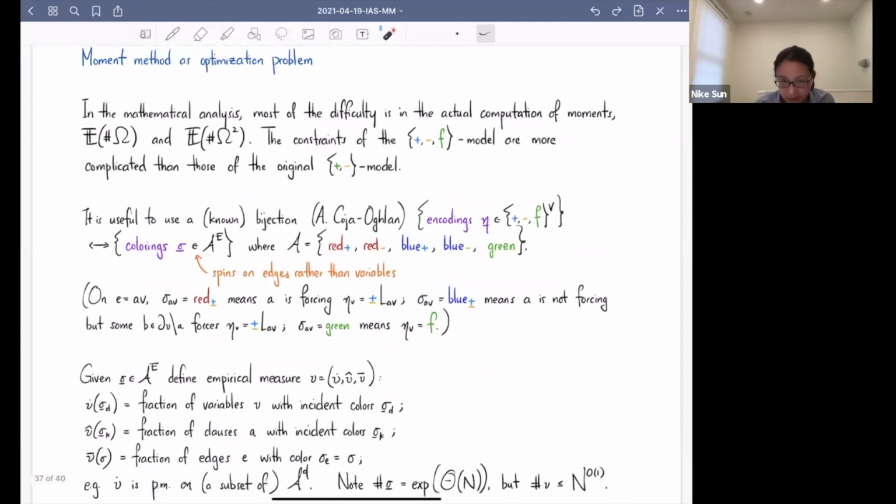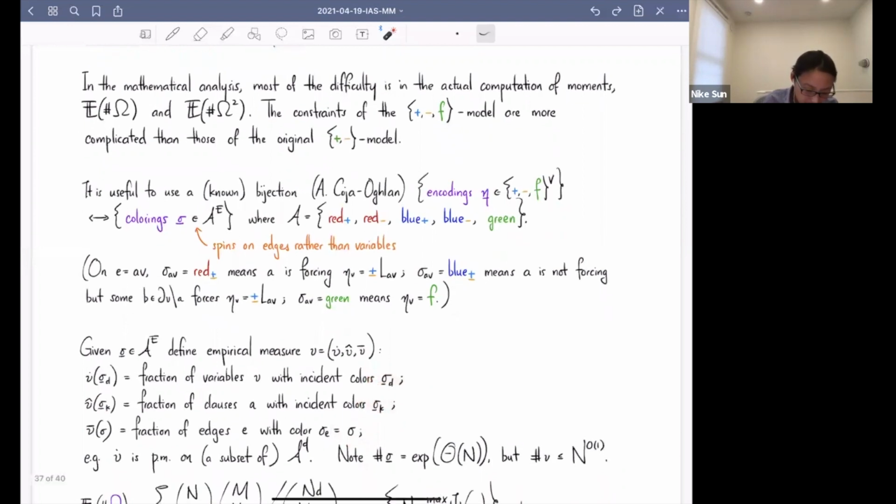So why is it important that the spins are on the edges of the graph? Given this configuration where the spins are on the edges of the graph, I'm going to define an empirical measure associated to it. I count what fraction of variables have incident colorings given by this, what fraction of clauses have these incident colorings, which is a k-tuple, and what fraction of edges have this coloring.